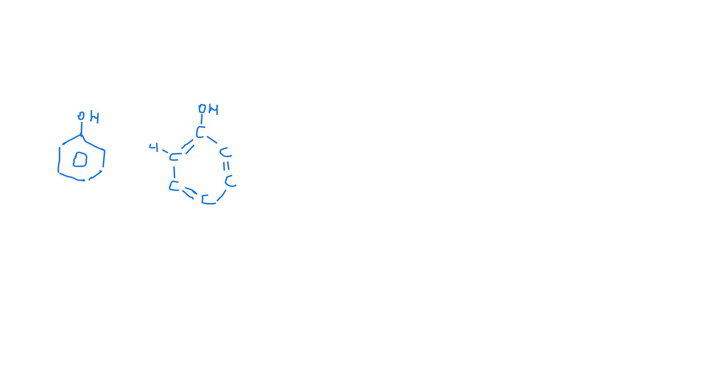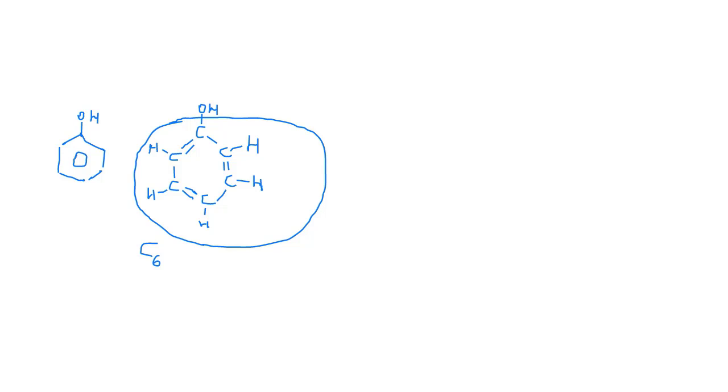Each carbon is bound to just one hydrogen in the aromatic ring. So the condensed rule for the phenol, let's say for all this group, you just write carbon 6, hydrogen 5.